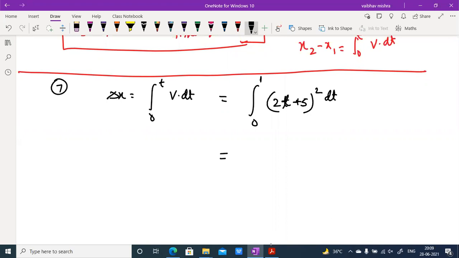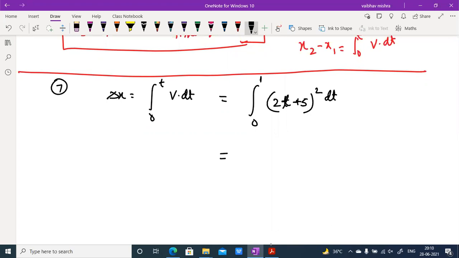Yeah, what will be its integration? Ayush? बेटा इसका इंटीग्रेशन बताना कोई, क्या होगा इंटीग्रेशन इसका? Divani, what will be the integration of this function?